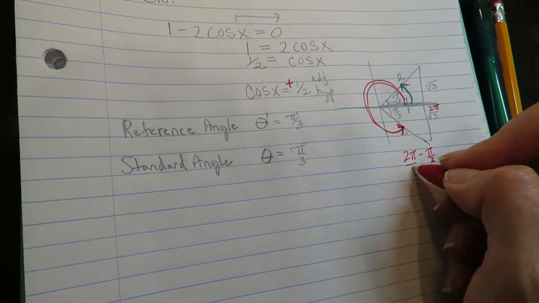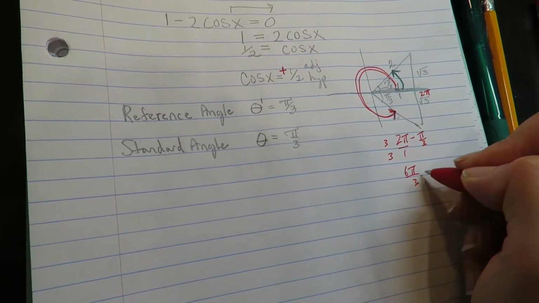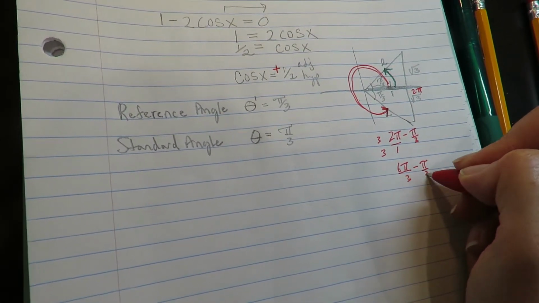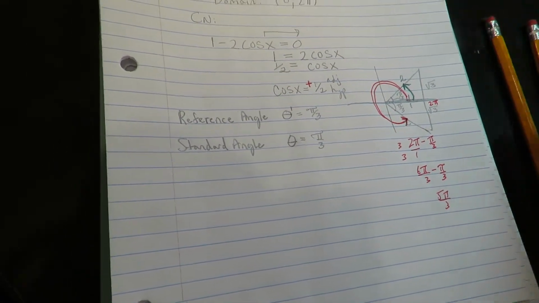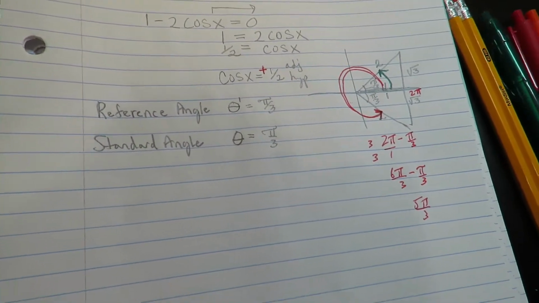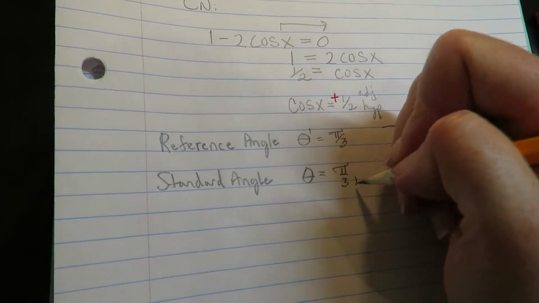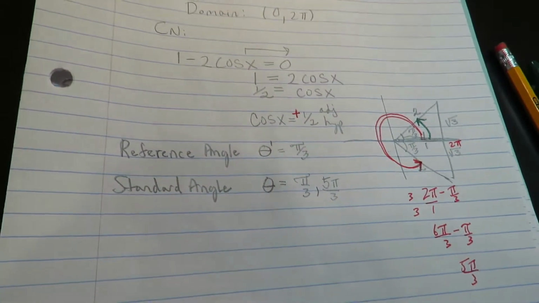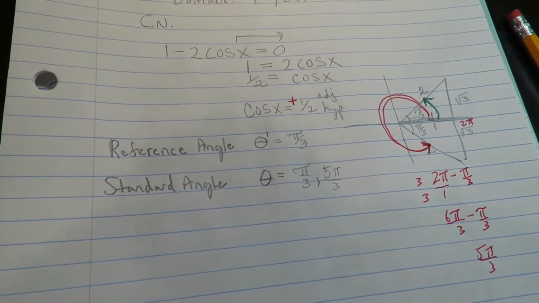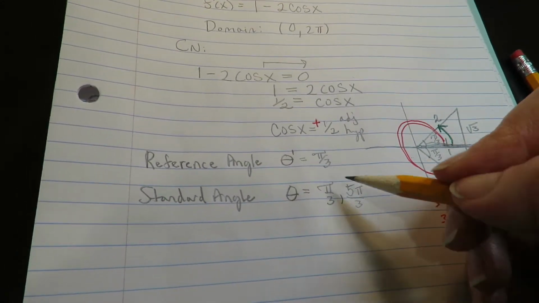You get your LCD, and that means that your second angle is 5 pi over 3. Okay, so now we've gotten to the answer of part A, which is what are the critical numbers?